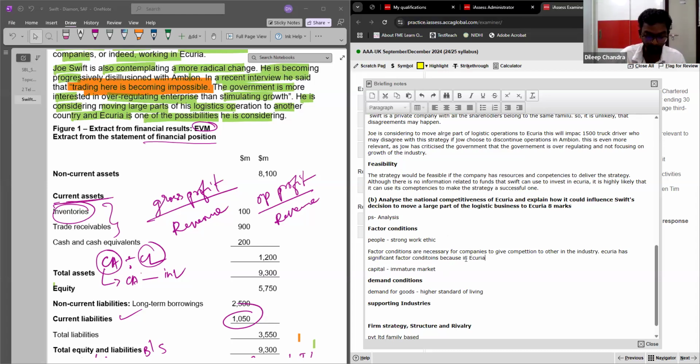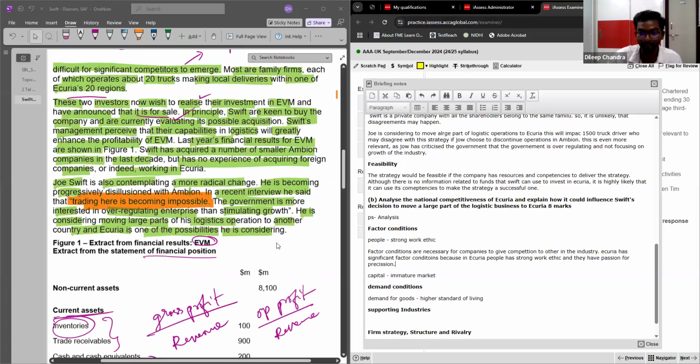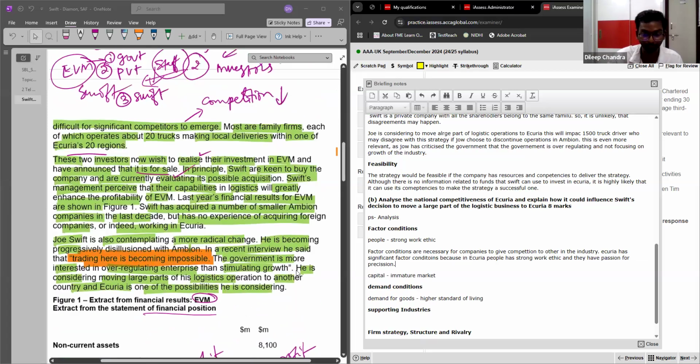Because in ACCA, people have a strong work ethic, right? And they have a passion for precision, I remember it. They have a passion for precision.